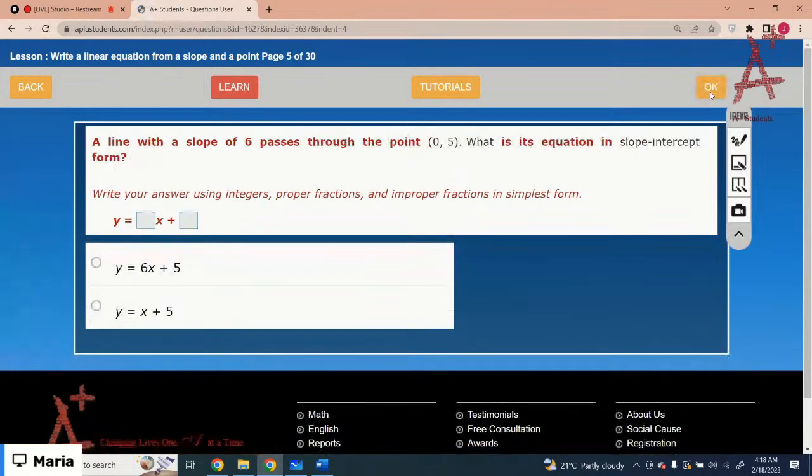Very good. Okay, the next one is a line with a slope of 6 that passes through the point (0, 5). What is its equation in slope intercept form? Which is the correct option?